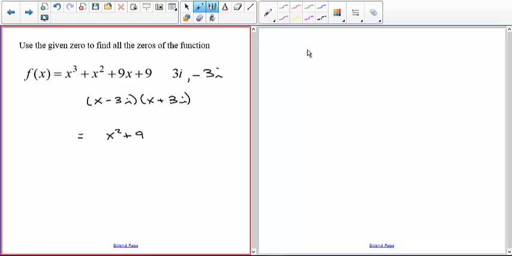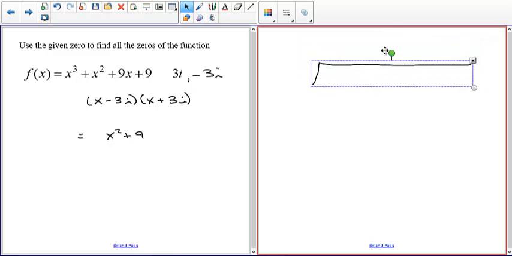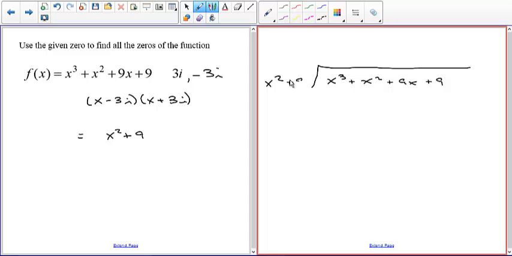So that is the quadratic term that has no real zeros, but it does have 2 imaginary zeros. So again, to find that last factor, the last 0, we're going to take the original function and divide by this quadratic term. Okay, what do I need to multiply x squared by to get x cubed? x. x times x squared equals x cubed. x times 9 is 9x.